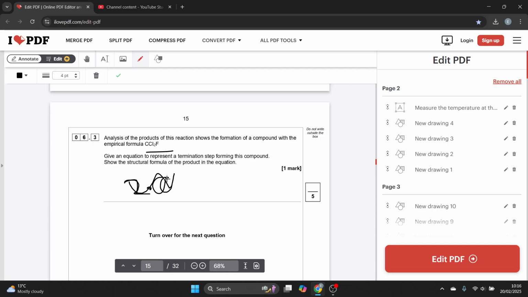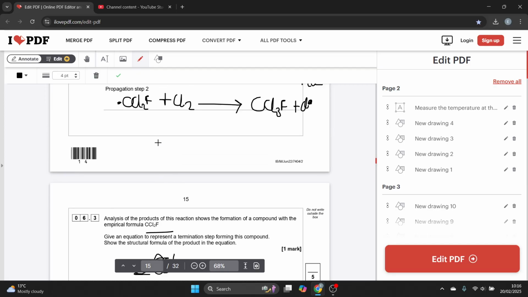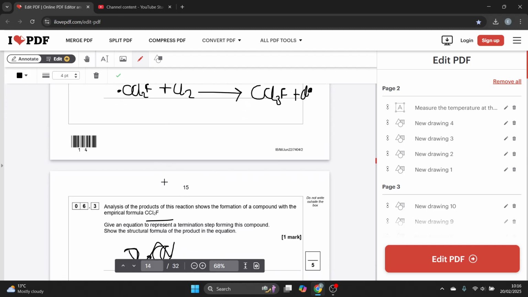If you think about initiation, propagation, termination, for example, with chlorine, it's going to be Cl dot plus Cl dot to form Cl2, right?